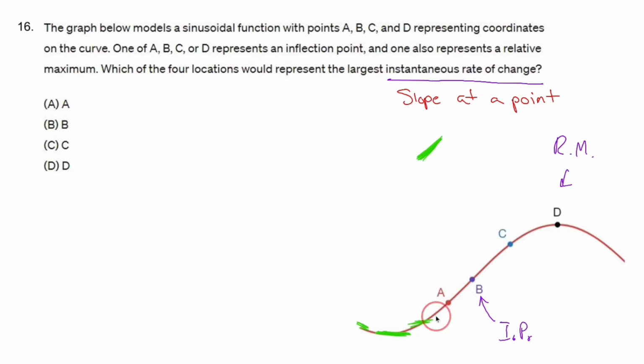Now we're moving our way back, and now we're pretty steep. That looks like it's kind of pretty steep, but this is even steeper, because it's the inflection point, and the inflection point is going to have the steepest. How do I know that?